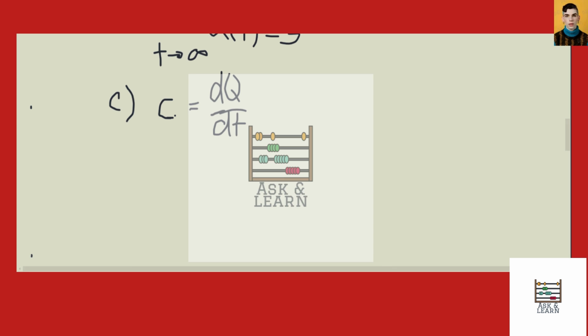Well, this implies that 4 times (3 minus q) is equal to c. Therefore, this implies that q is equal to 3 minus c over 4.